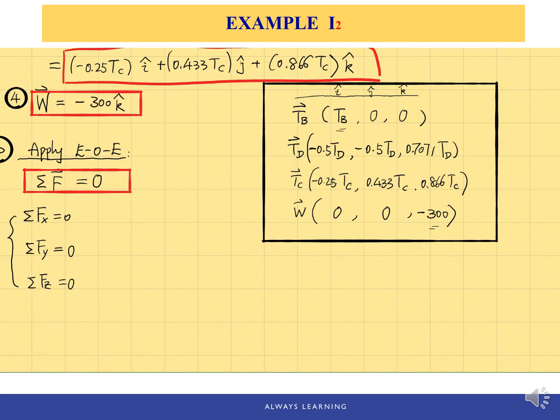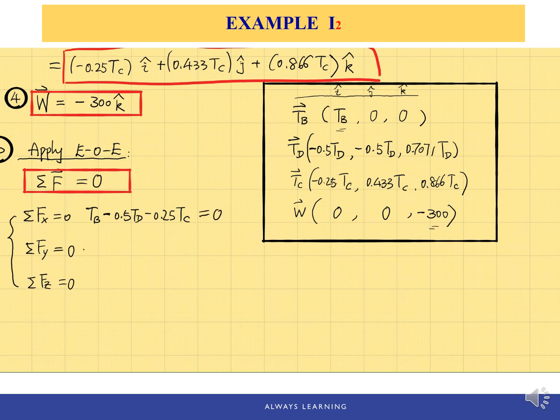Okay, so the Fx, which means the i hat column, so we're going to add all of the x components together, which will be TB minus 0.5 TD minus 0.25 TC and plus 0 equal to 0.